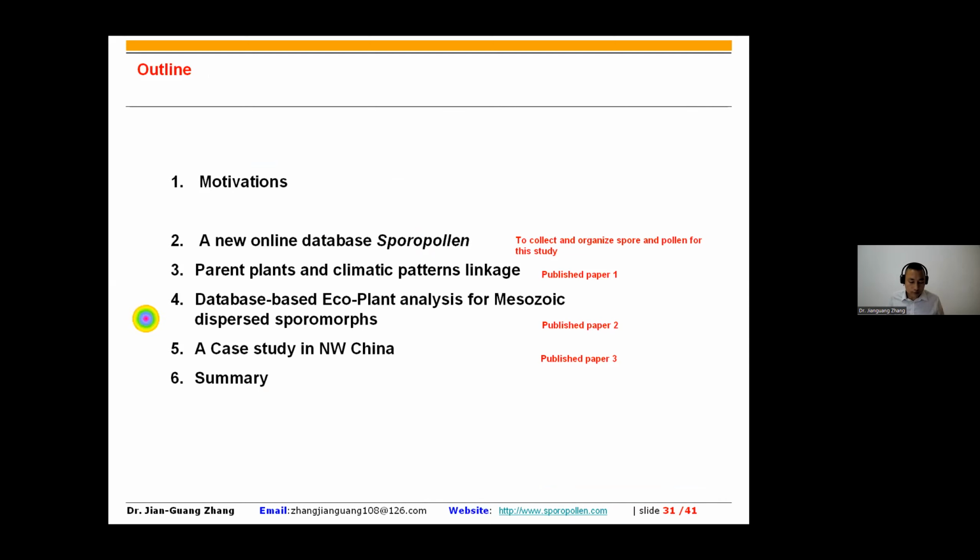For the quantitative study of spores and pollen, many calculations are required. Besides, the researchers must know the parent plants and the climatic patterns very well. It makes the quantitative study of spores and pollen difficult. A database-based interface is created to solve this problem.